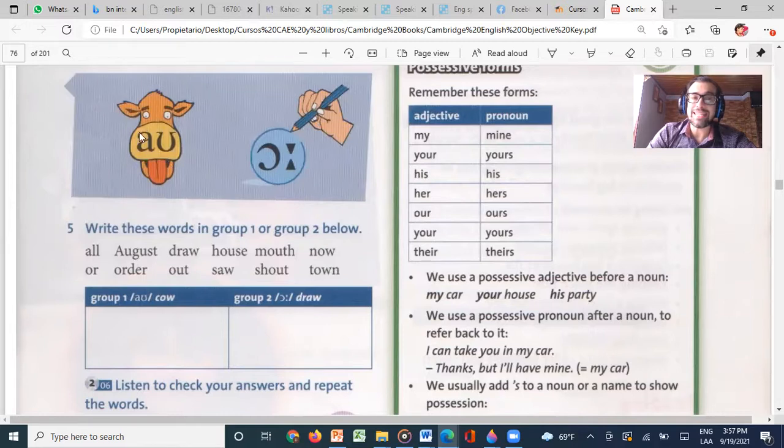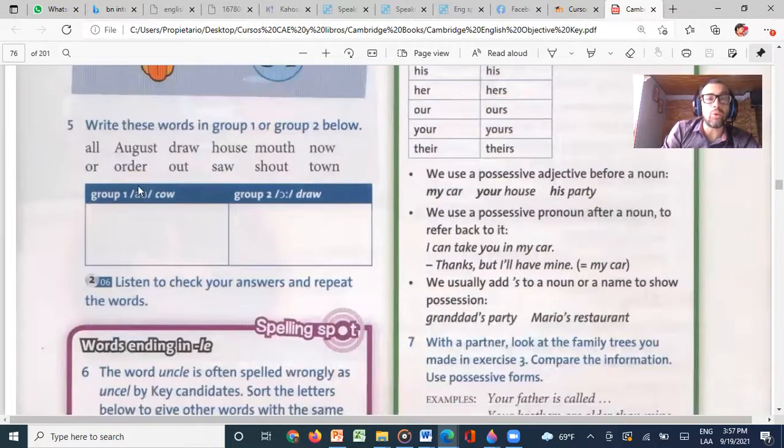So this is the sound ow, and this is the sound ah. So we need to put all the words that go with the ow sound here and with the sound ah here, for example, cow or draw.